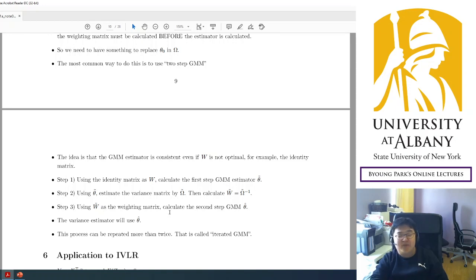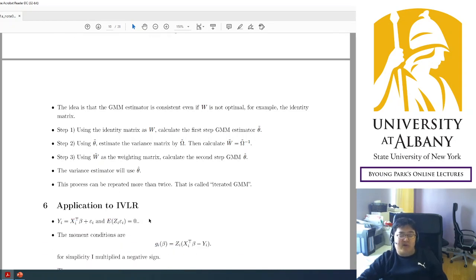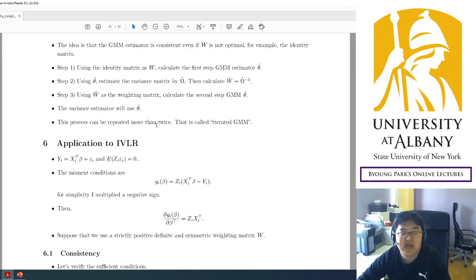It makes sense, but iterating more than two times seems to give little improvement. So usually just two steps is enough in many cases. But you may try it in your paper if you're interested. Okay, let me call this a video, and we'll continue with a simple application to the linear regression model in the next one.